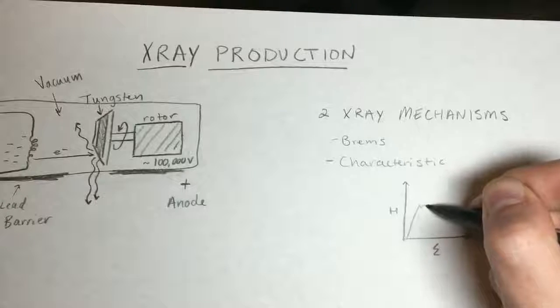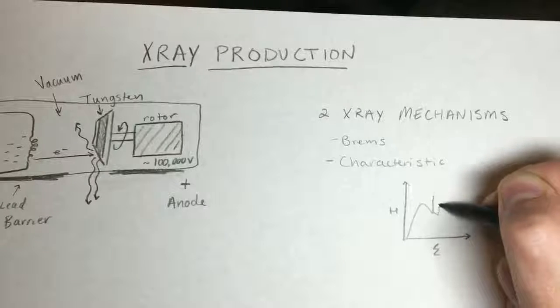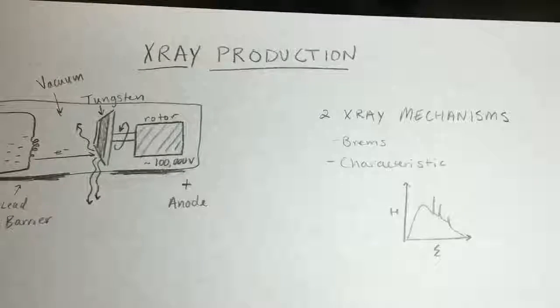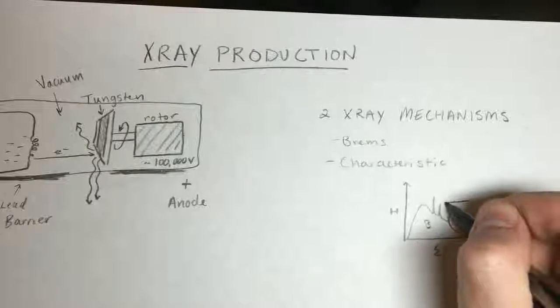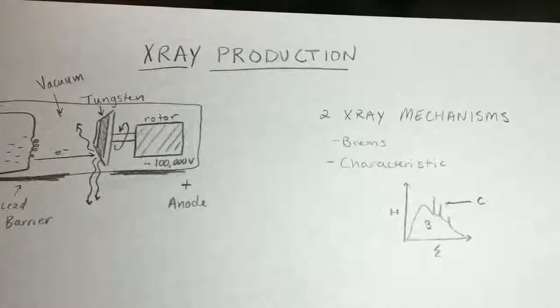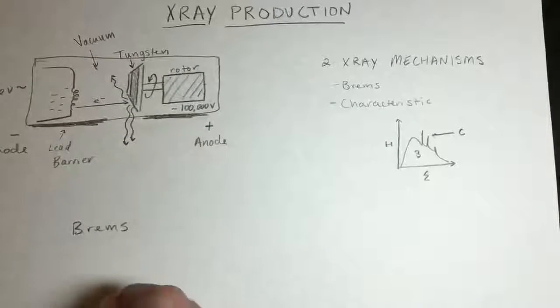So we could see here it's kind of this smooth swooping motion, and then we have these little peaks in between there. And the smooth production underneath is the Bremsstrahlung production, and those peaks of X-ray production are characteristic. And we'll explain why those are that way in just a second.